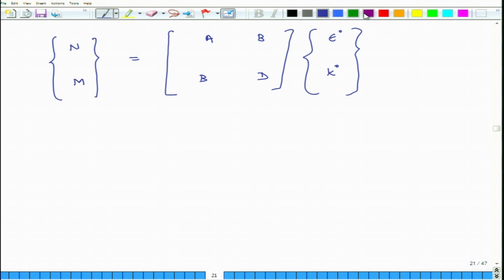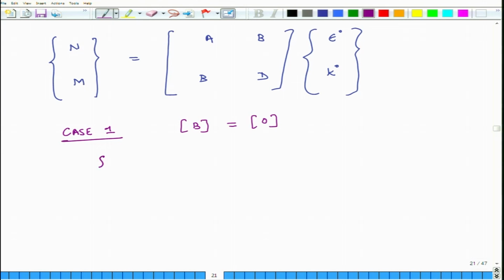So, we will consider several cases. Case 1: we can have a laminate, and we will discuss the conditions when that happens maybe later, such that all the elements in the B matrix are 0.